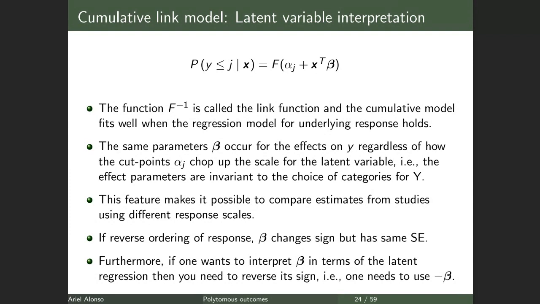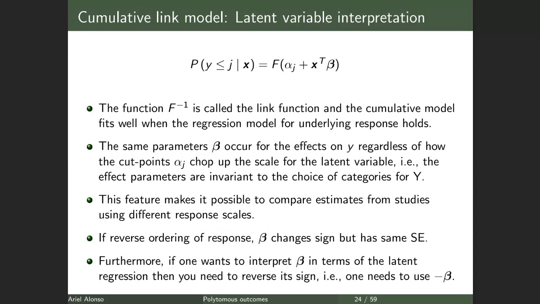And the other person defines political view as libertarian, liberal, moderately conservative, conservative, and very conservative. So the response variable in both studies is the same. Now, if you use this cumulative link model, this is what it is called, the cumulative link model, then the effect of gender and the effect of income are going to be the same on both scales.